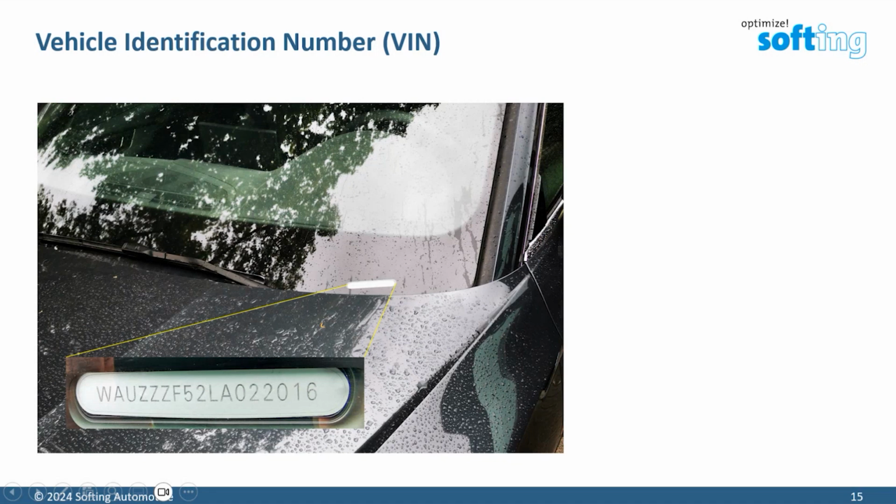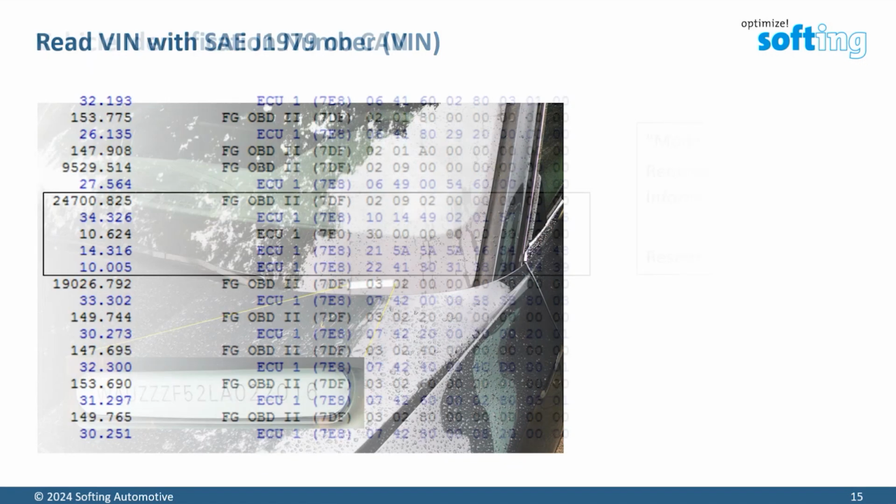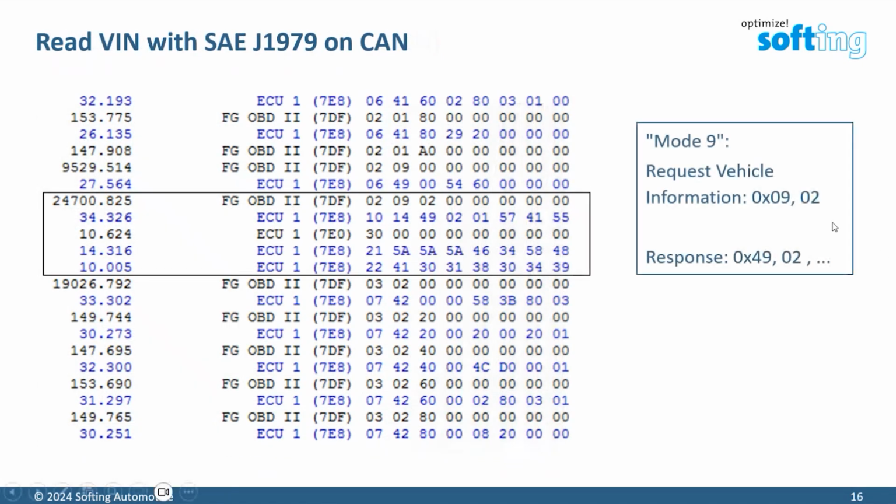Now, the story behind is that we would like to read the VIN by using tool-based diagnostics. And the J1979, the OBD modes, they came with a service to read the VIN. This service was service number 9 or mode 9, request vehicle information.